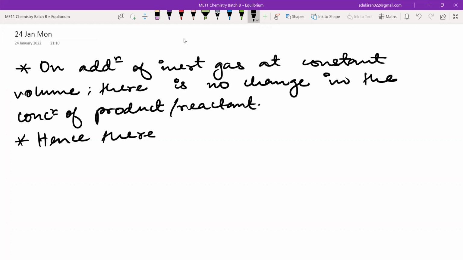Hence, there is no change in the state of equilibrium.